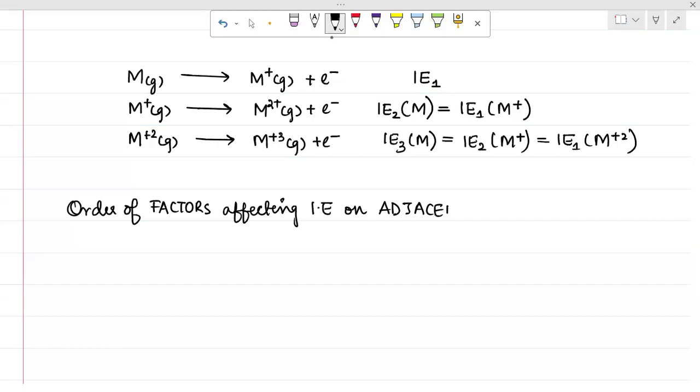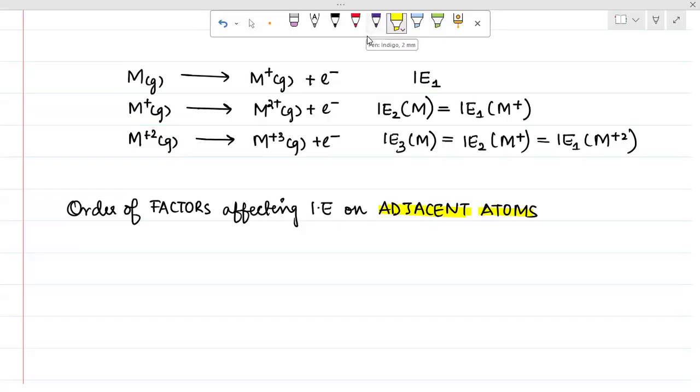Very important. Students make mistakes over here. So what I'm going to tell is the order or the priority in which you have to look at the factors that decide the ionization energy, and this can be applied only on adjacent atoms.